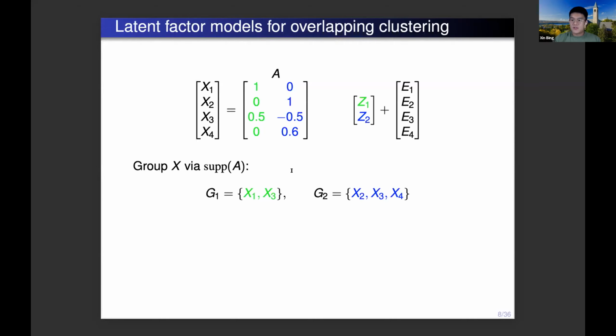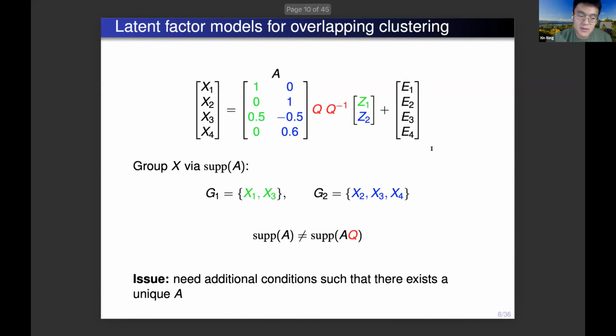However, there is an intrinsic difficulty here, simply because neither A nor Z can be observed directly, and therefore one has the freedom to insert any invertible matrix between them to construct a new matrix AQ, which has a different support than the original A. And therefore we suffer from an identifiability issue here.